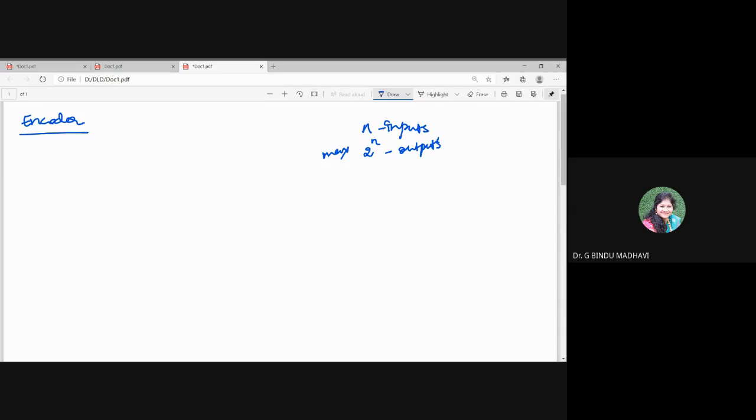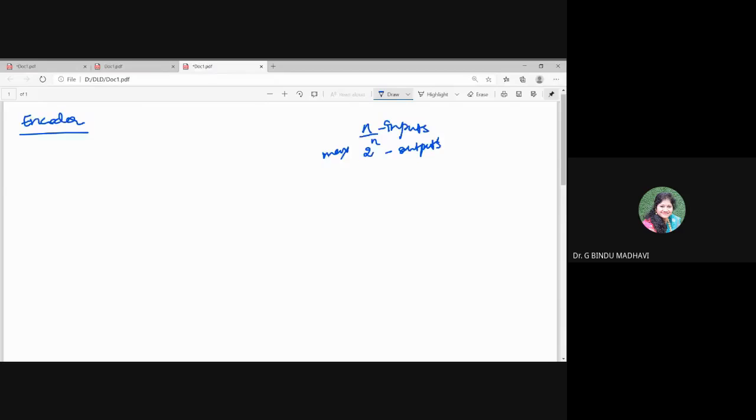So here we give n inputs and it gives 2 power n outputs. A decoder is used for giving a larger number of outputs while taking fewer inputs. But the encoder performs the reverse operation of the decoder.